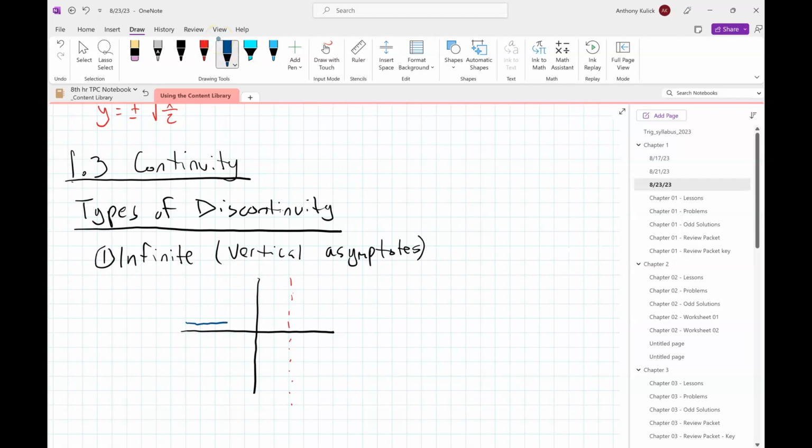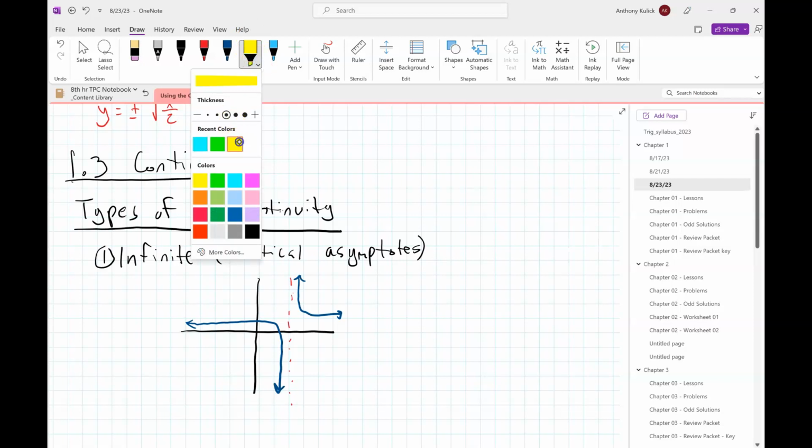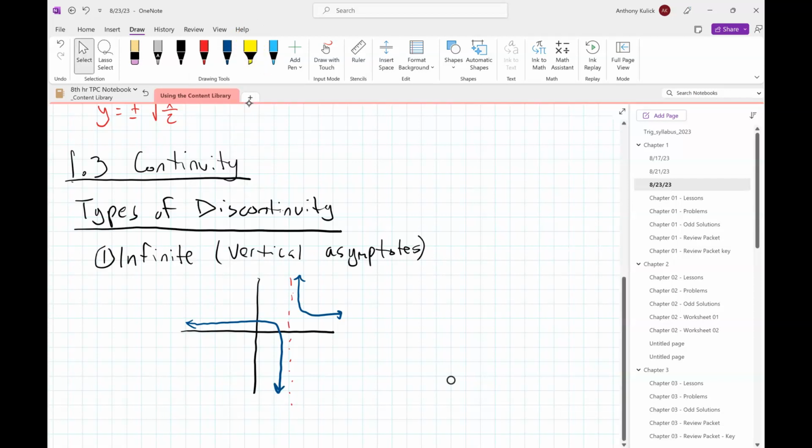And then we would draw something like that, right? So our infinite discontinuity is that vertical asymptote. Notice to draw this graph, I can draw one part, but then I have to pick up my pencil to draw the next part, right? There's a discontinuity there. There's a point where I have to pick up my pencil to keep on drawing.